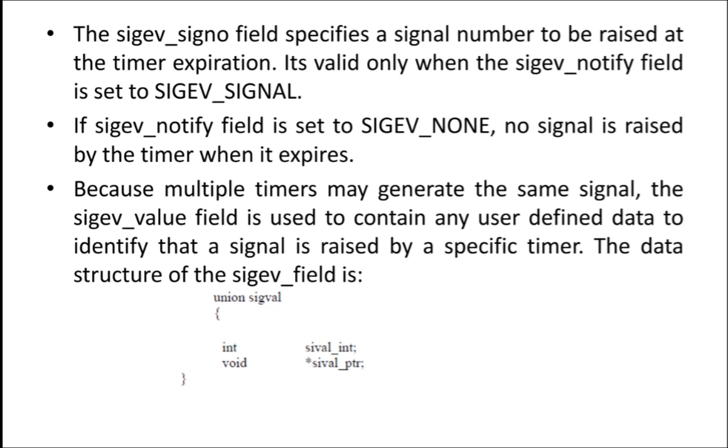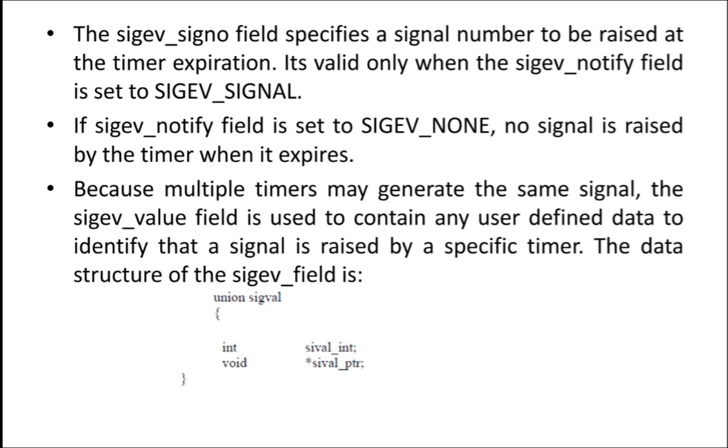It is going to tell which signal you have to raise when the timer expires. And the important condition here is that it is valid only when the signal event notify field is set to signal event signal. Then only it will tell which signal number to be raised at the timer expiration.